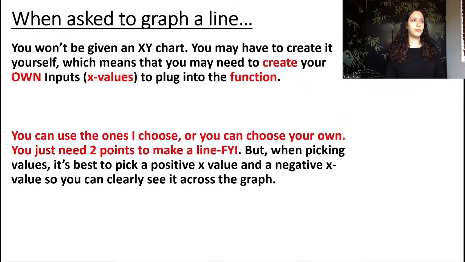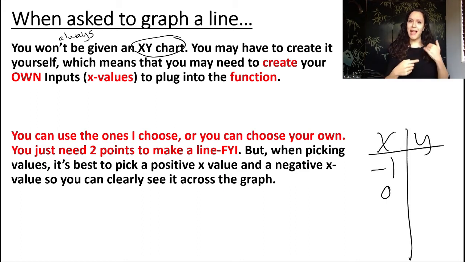So when asked to graph a line, you won't always be given an XY chart. You may have to create it yourself, which means that you may need to create your own inputs, your own x values to plug into the function. You can use the ones that I always like to use, like if you notice all of our examples did negative 1, 0, and 1.